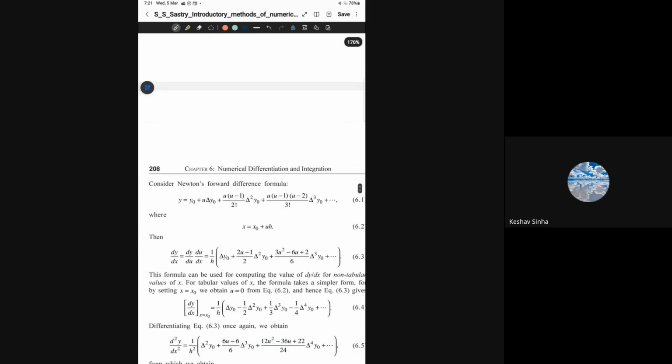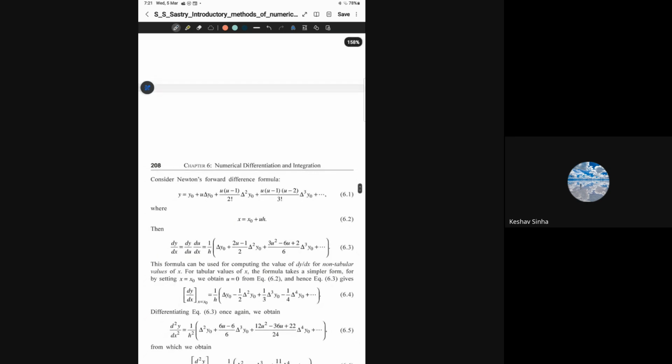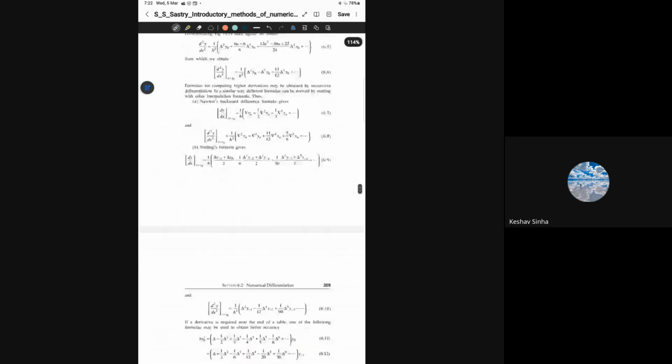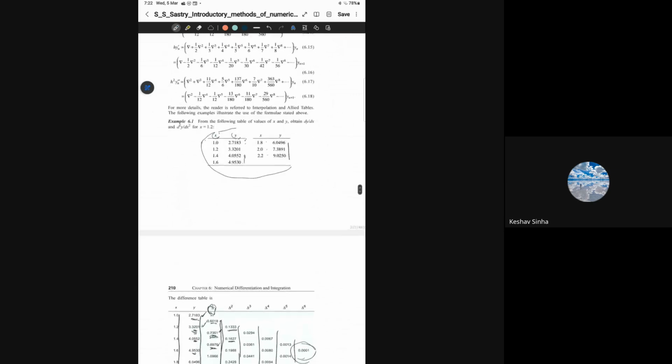So we'll be using this formula. This is the exact formula. Y is equal to y0 plus u delta y0, plus u into u minus 1 by factorial 2, and so on. Once we do the example, you will see.